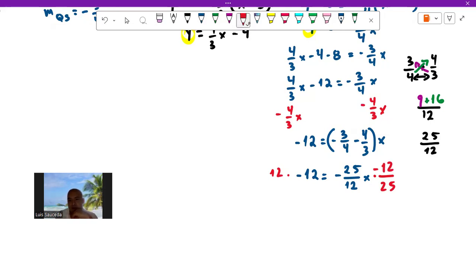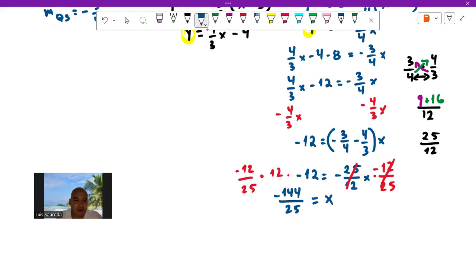So this guy and this guy are going to get eliminated. What you do to one side, you do to the other side. So my fraction for the value of x is going to be negative 144 divided by 25, right? Because remember that the denominator is being divided by 1. And that's going to be my x coordinate.